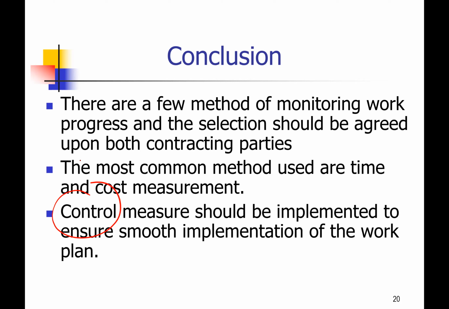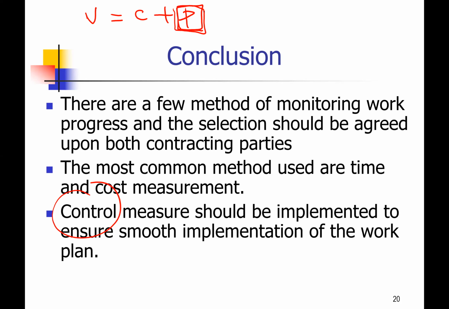And we go back to our formula: value equals cost plus profit. At the beginning of my class, I also showed you one slide regarding one of the intentions of doing business, especially for a contractor, which is to maximize profit.